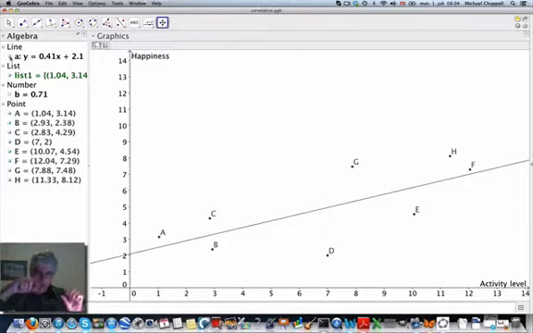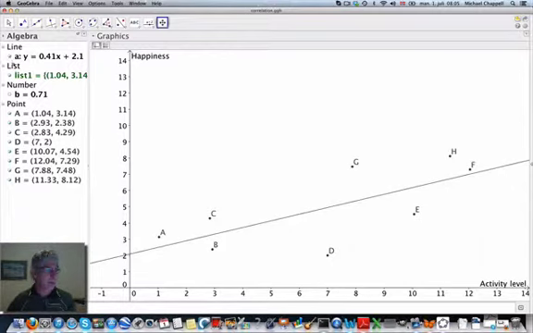It's found the difference between the points and the line it guesses many times and made that a minimum. Doesn't matter how they do it. But that's the point. It does not have to go through any of the points. And if you do a line of best fit just by eye, don't force yourself to put it through points. Just try and get it overall closest to most of them. Okay, so that's the line of best fit that GeoGebra will quickly do for us.